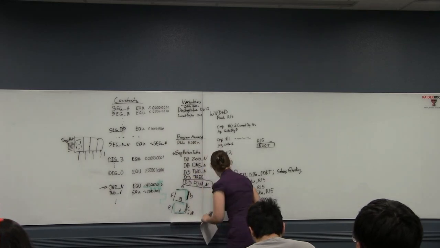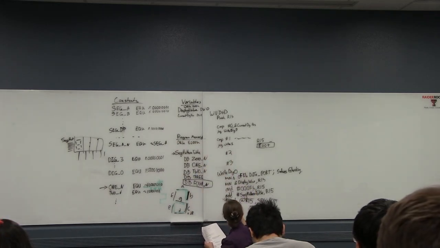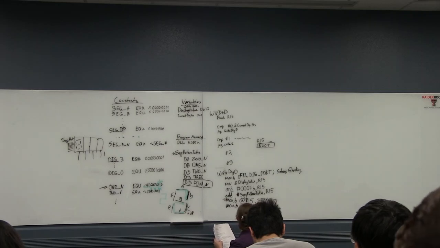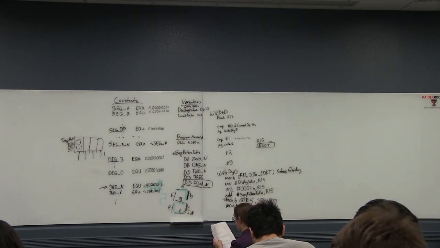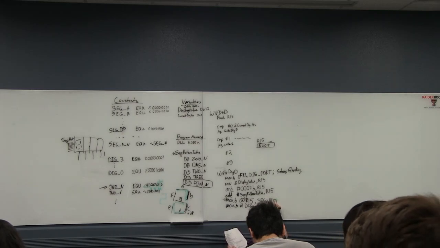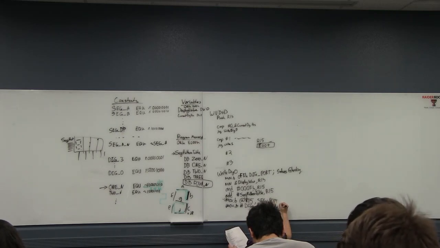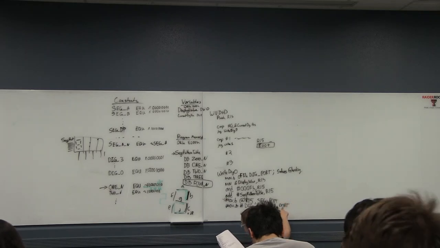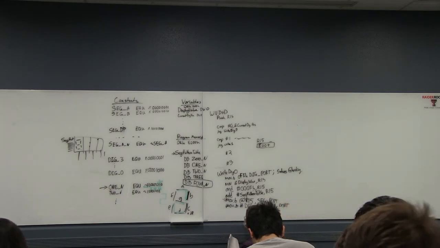Then the end of here, running out of board here. Digit 0 on. And this is the line that turns on digit 0.